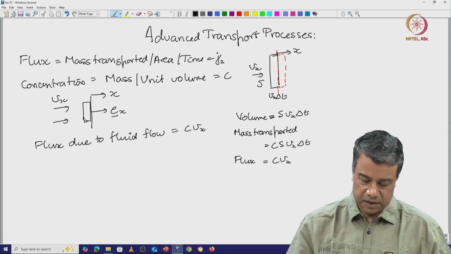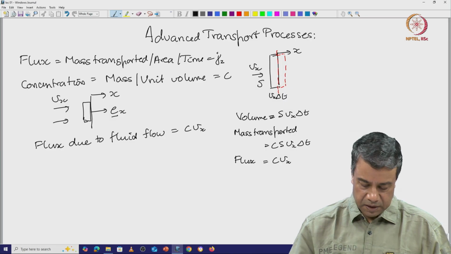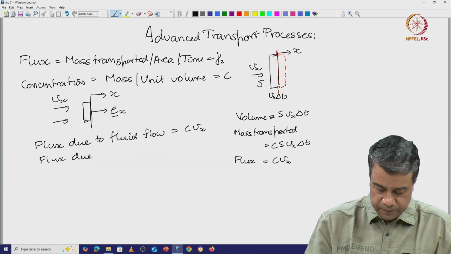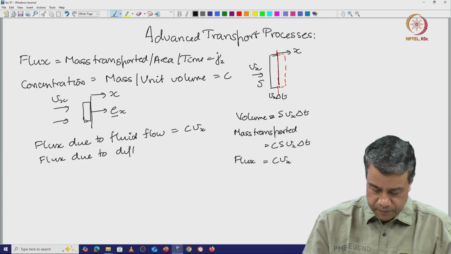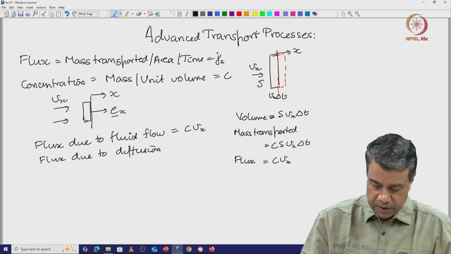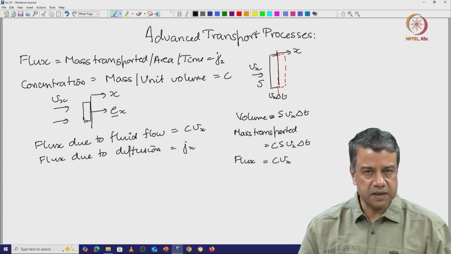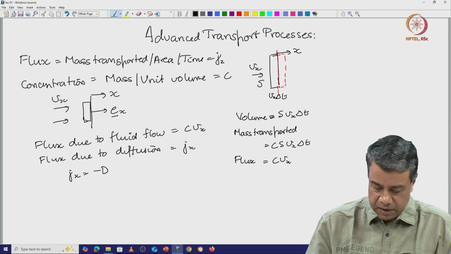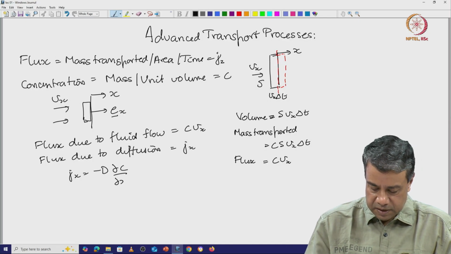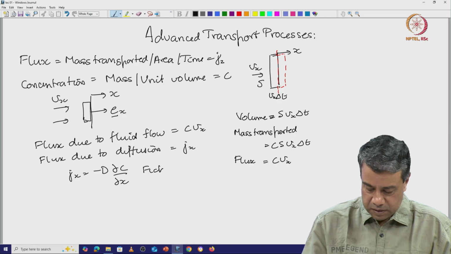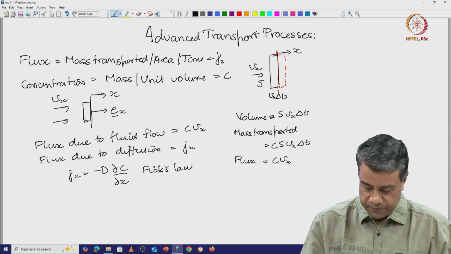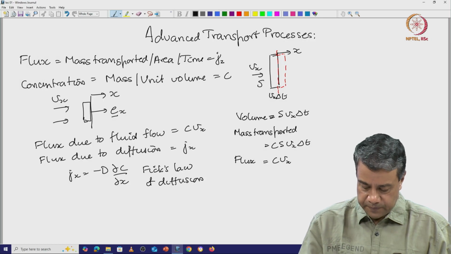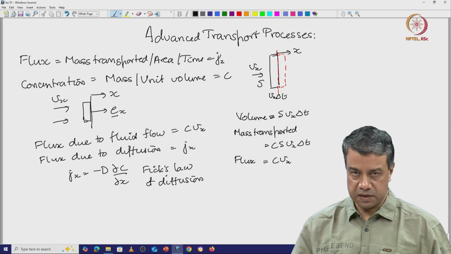So, there is a flux due to fluid flow, and there is a flux due to diffusion also, which is denoted as Jx, and we note that Jx is equal to minus D partial c by partial x. This is Fick's law of diffusion. That is for mass transfer.